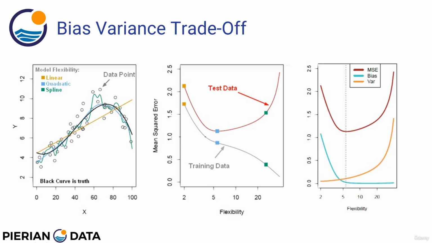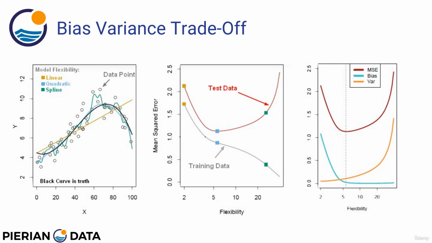In order to evaluate your models and compare the complexities to each other, what you'll have to do is plot out the complexity or flexibility of the model, for instance, the polynomial level of a regression fit, versus the error metric, such as mean squared error. And you can see here in that middle plot, that's exactly what we've done. We've plotted it out for the training data versus the test data. You'll notice all the way to the left, we have a simple model, that yellow linear model.